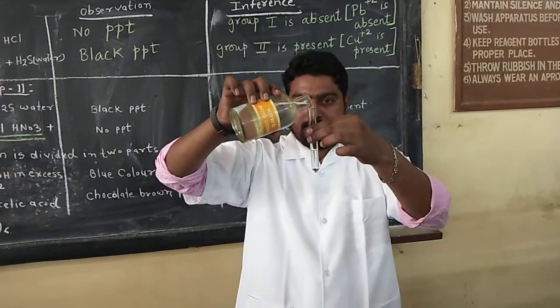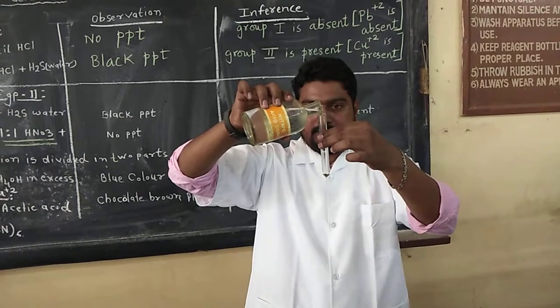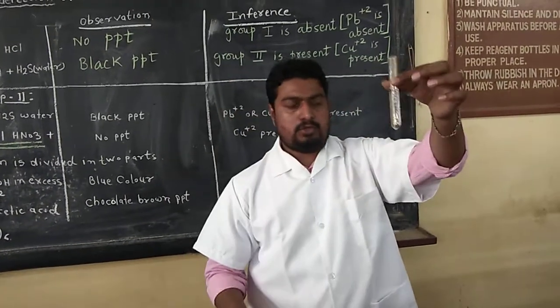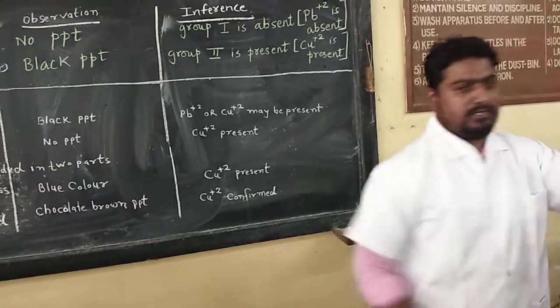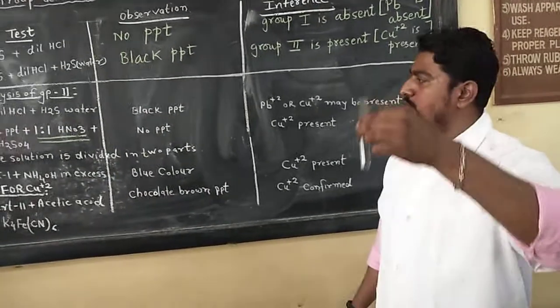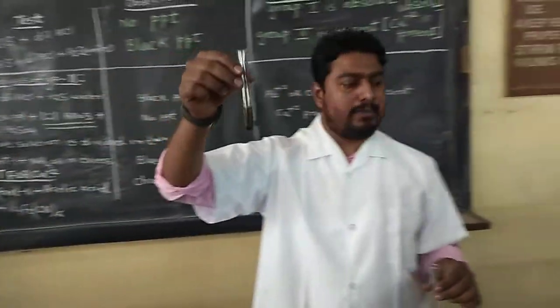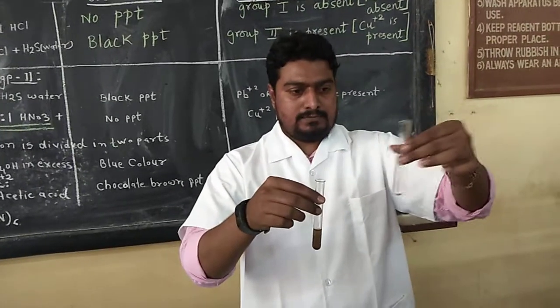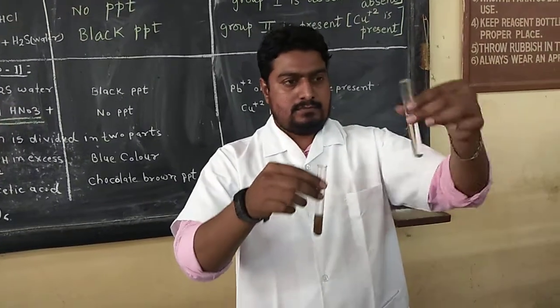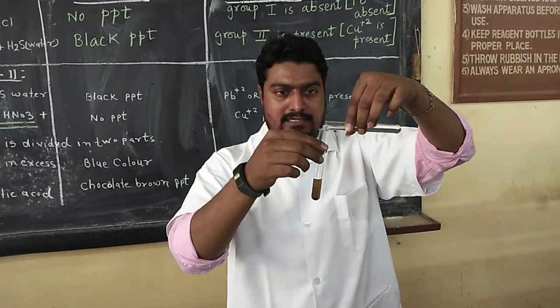So your 1:1 nitric acid is prepared now. Now we have to add this into the black PPT. Here we have a black PPT and we have to add 1:1 nitric acid. I am adding.